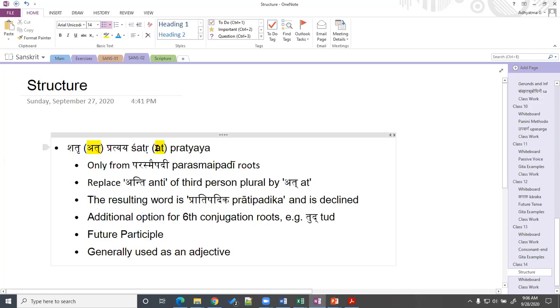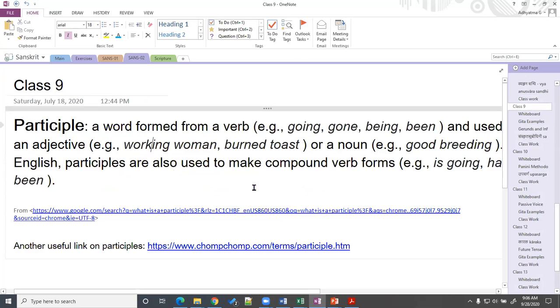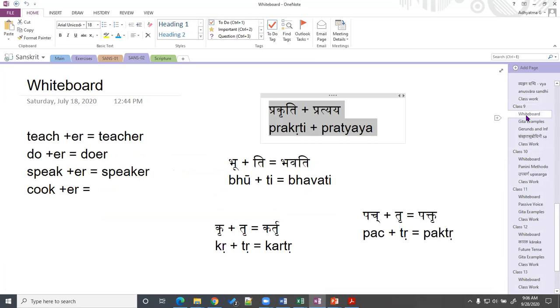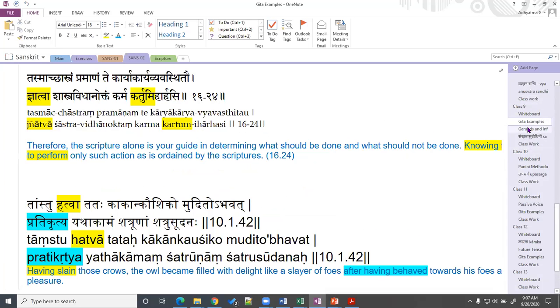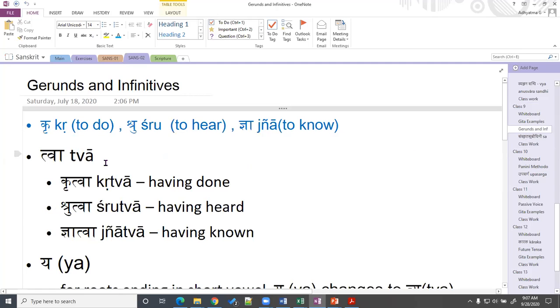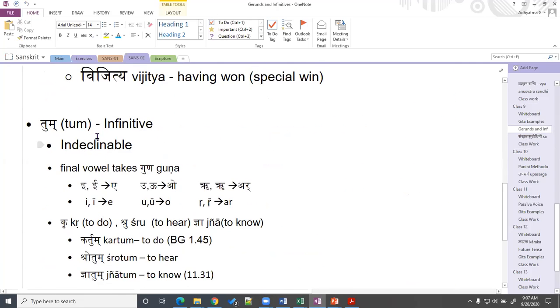And I told you in earlier classes also, when Panini defines a suffix, generally there are some letters which are other than the suffix. So like in twa or tumun, if you remember, this was the twa and tum, but it is tumun.